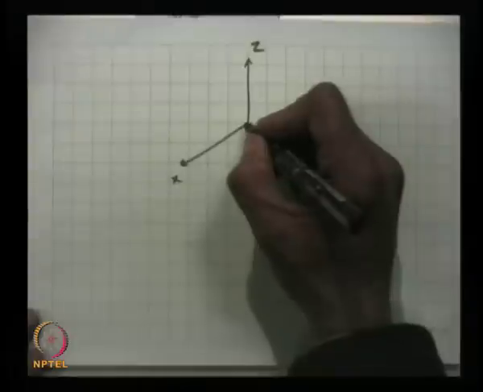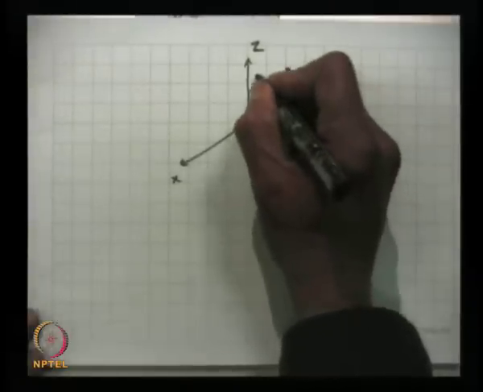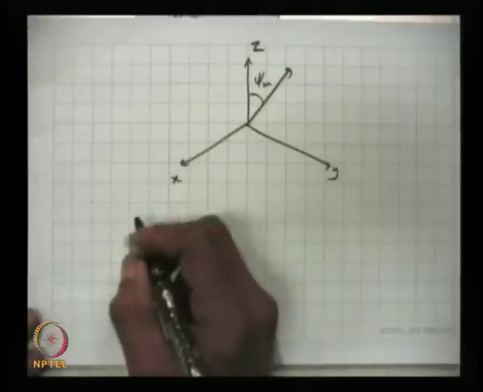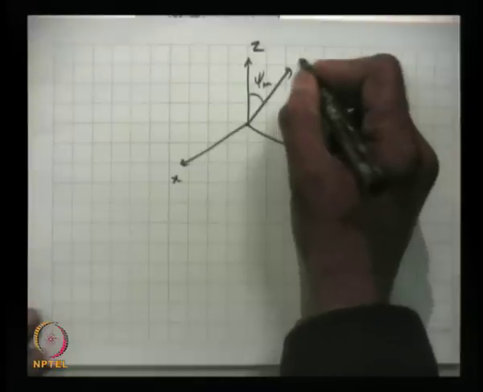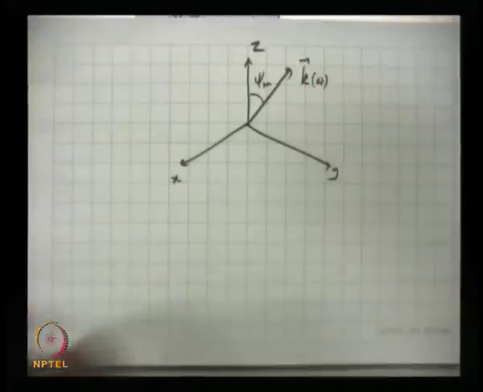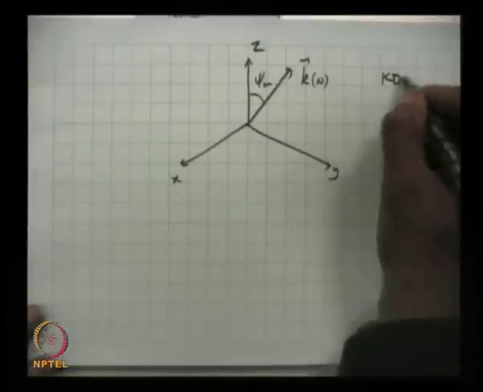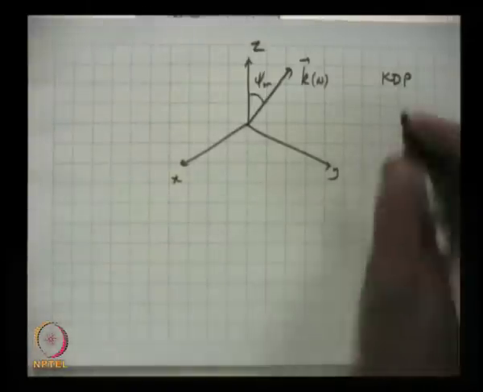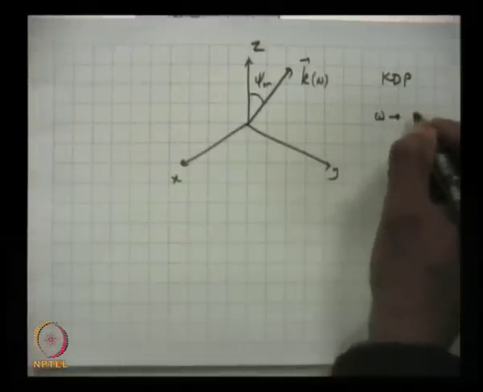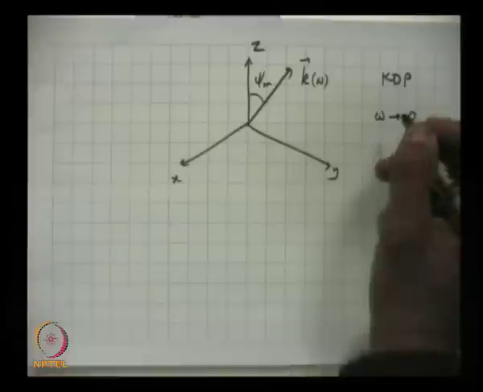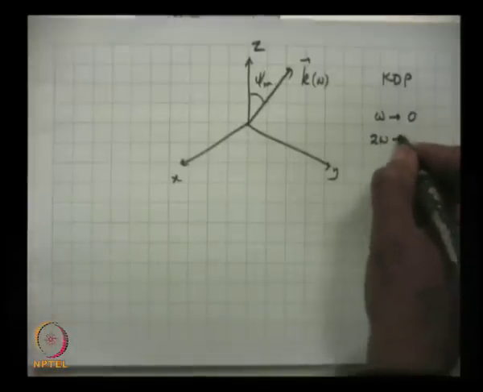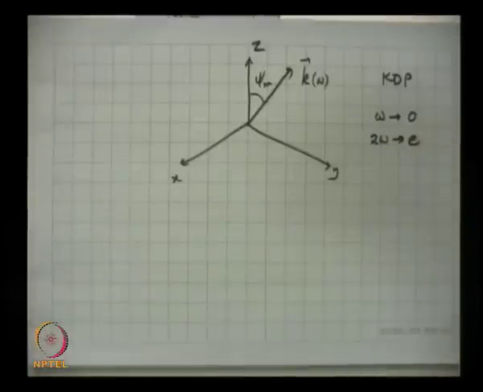And that angle was obtained as an angle psi m with the optic axis. This is the direction of propagation of the fundamental wave. We also found out that for KDP, the fundamental wave at frequency omega is an ordinary wave, and the second harmonic will be an extraordinary wave for phase matching.